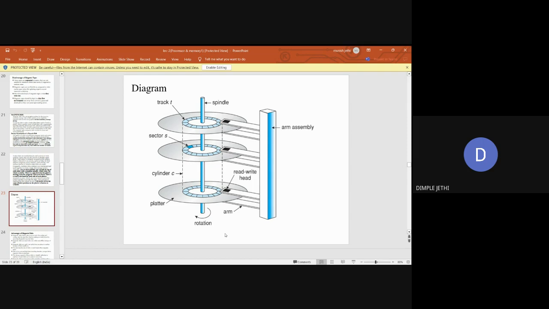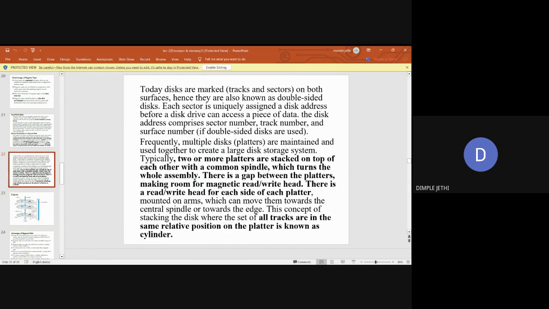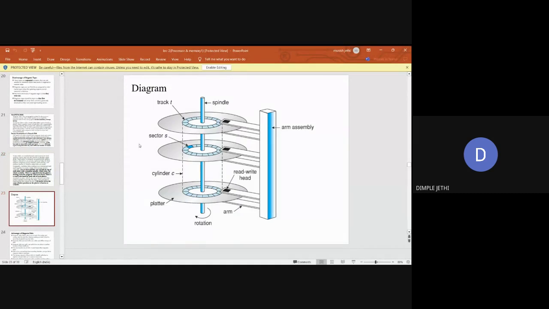They all have one reader and writer. Data gets stored on the top of each platter and on the bottom also. Like here, this is one plate, and on the top of this you will store your data, and on the bottom side also, both sides, except the top of the first platter and the bottom of the last platter.